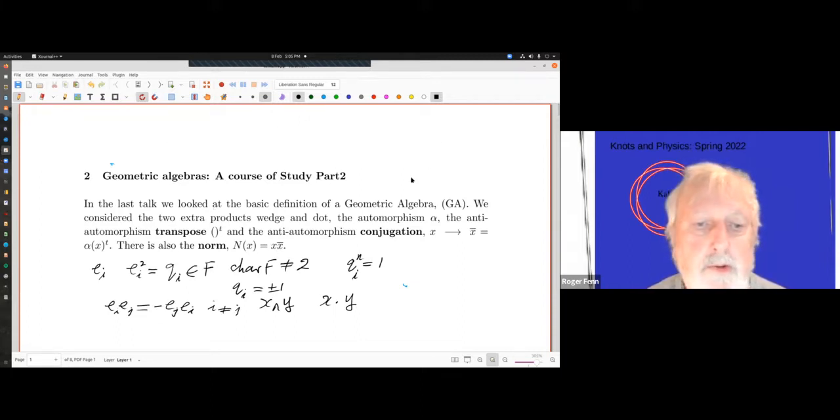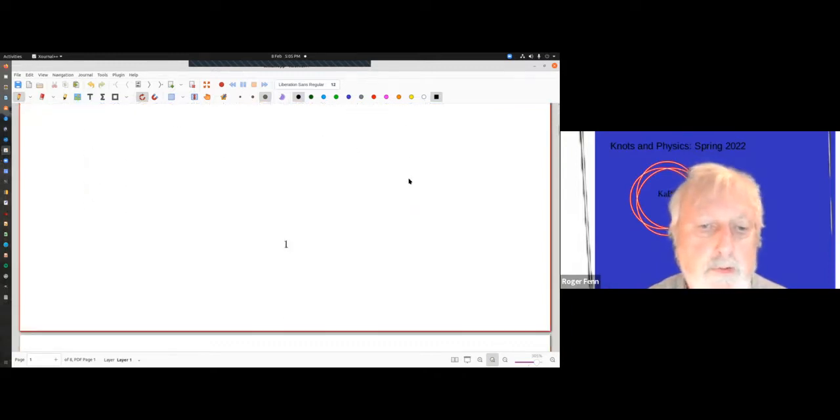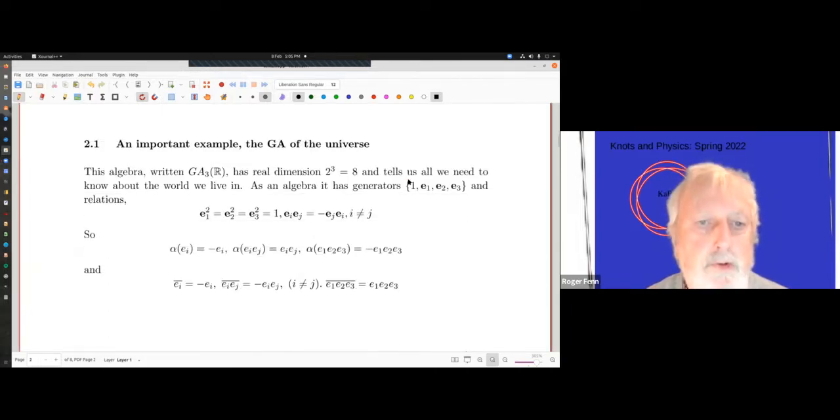Now, what I'll do now is to show how this works for what I might call the universe geometric algebra. So if we want to describe our three-dimensional real world as a physicist, then we take this algebra here. It's got generators 1, E1, E2, E3, and E1 squared equals E2 squared equals E3 squared equals 1.